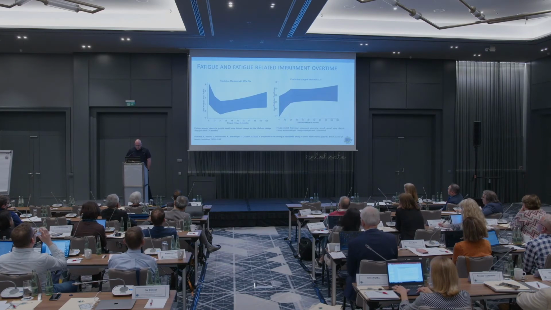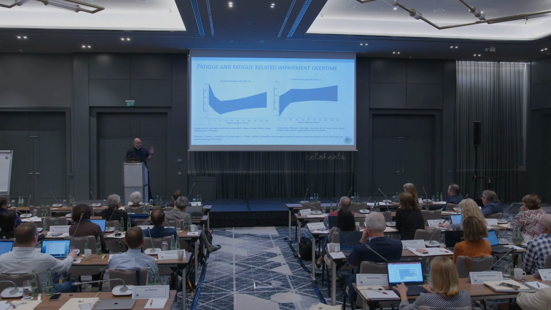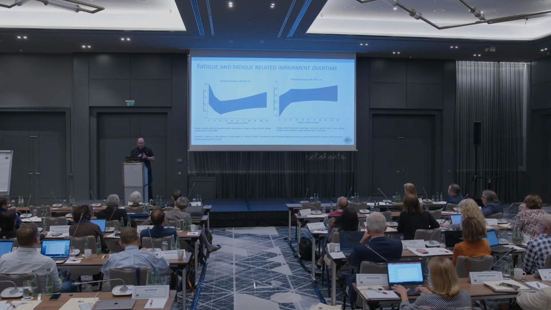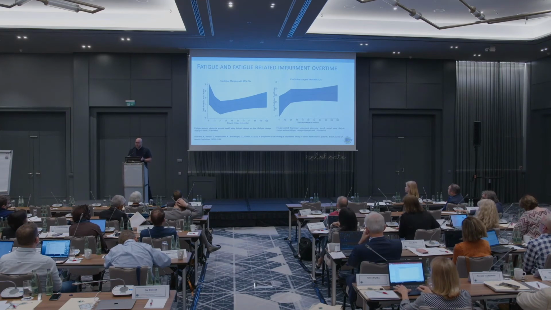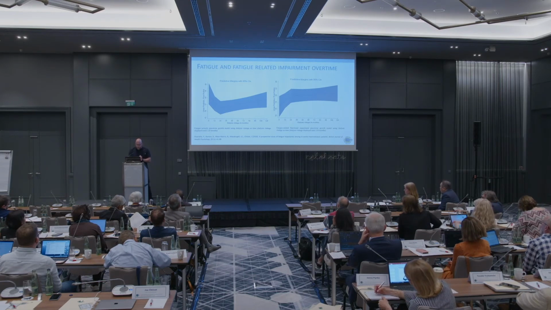So this is data that's modelled the severity of fatigue on your left versus fatigue-related impairment on the right. It's very important, I think, when we think about symptoms, that we don't just focus on the severity of the symptom, we actually focus, and one could argue maybe that's even more important, on the disability that the symptom actually confers.